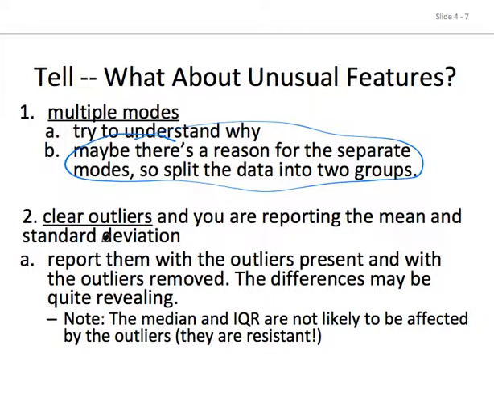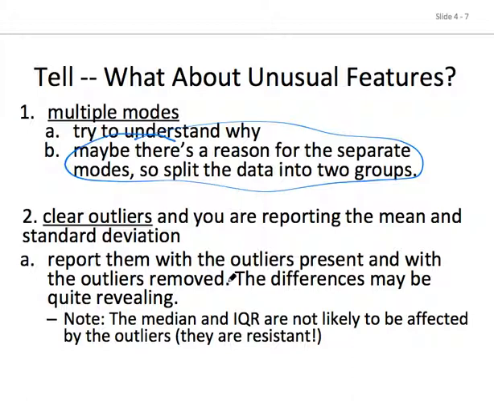If there are clear outliers and you are reporting the mean and the standard deviation, then you want to talk about that. Report them with the outliers present and with them removed, and maybe it's going to be obvious as to what that outlier is. Think about the data that we looked at on September 11th with the flights being canceled. Well, that outlier was something significant.